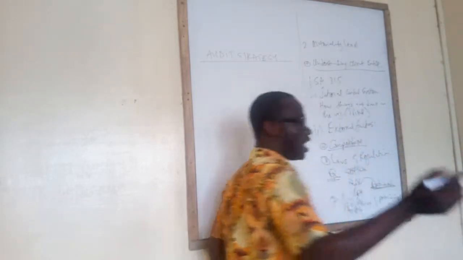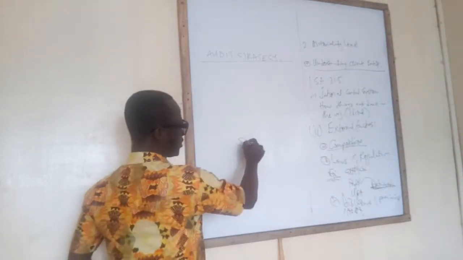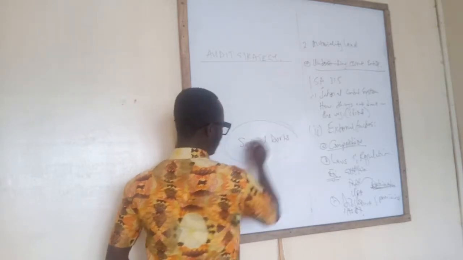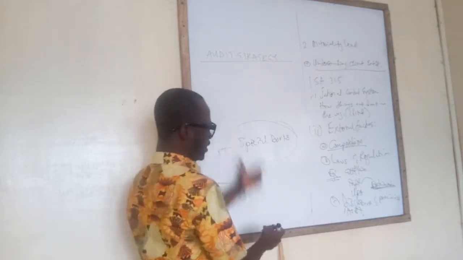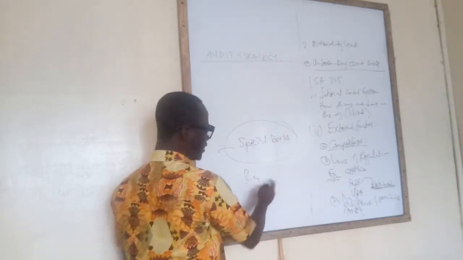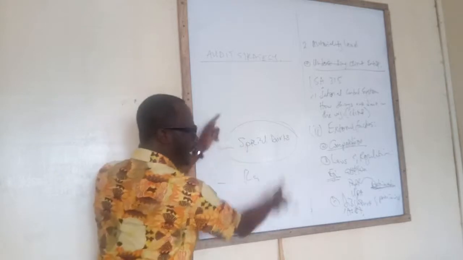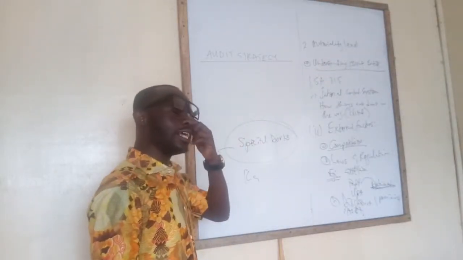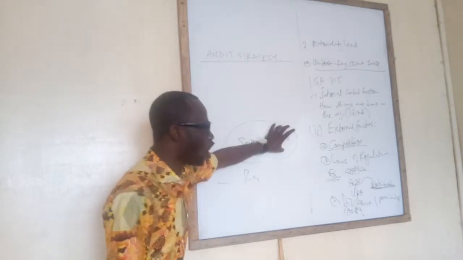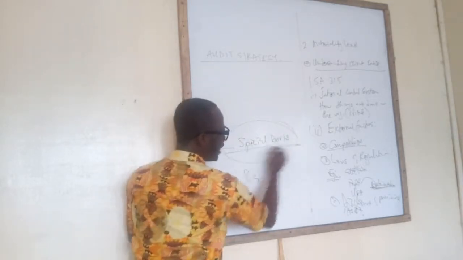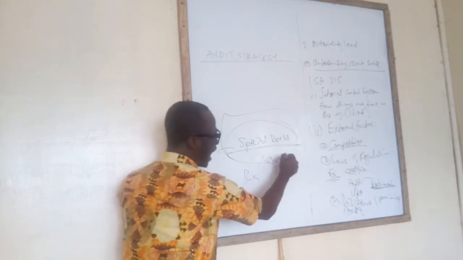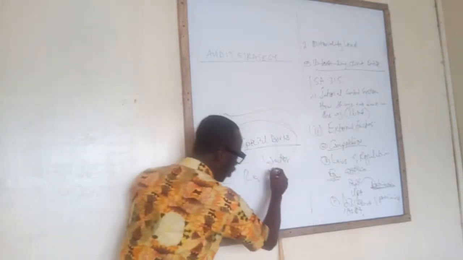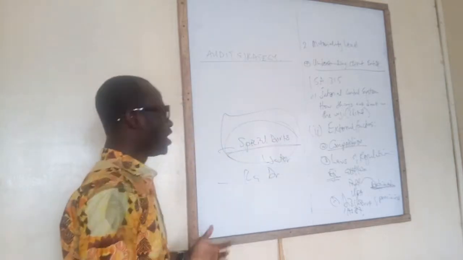Like for instance, we have special drinks. I hope you know about that. Then there are other companies producing. Casapreco has its own collection of soft drinks that it is producing. So if we are going to audit a company like Special Ice Limited, certainly the scope of competition in the water, there are a lot of filtered water companies, there are a lot of drinks manufacturing or producing companies.